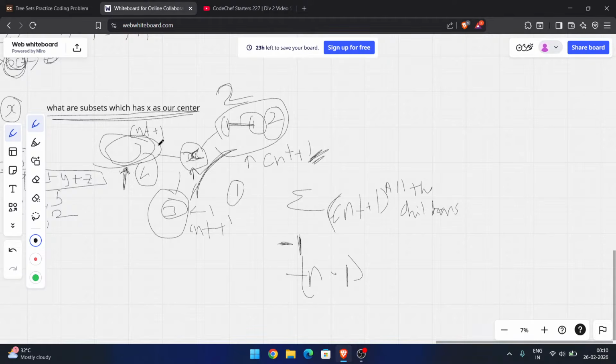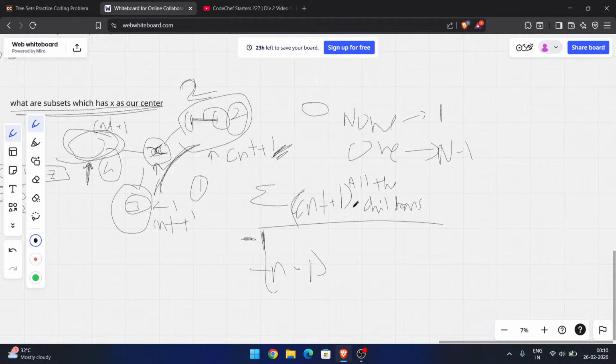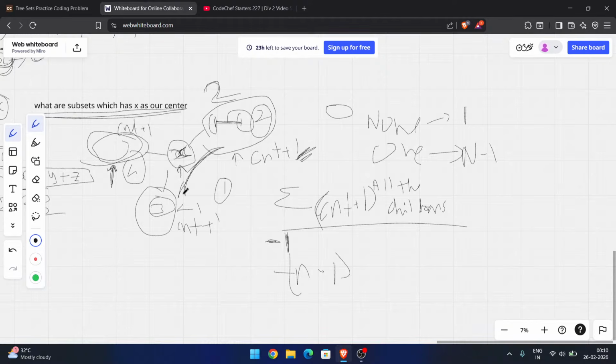There were cases where by counting this, I was also counting the case where none was selected, or only one was selected. So for none there is just one case, and for choosing only one, there are n minus one cases. So I also subtracted that.